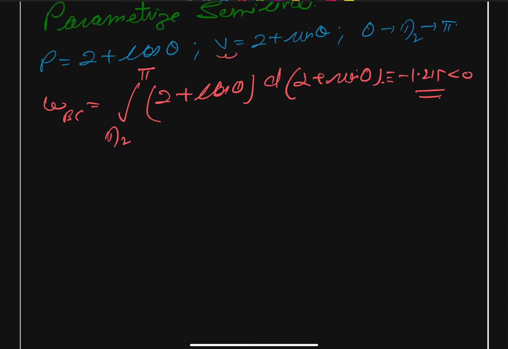Therefore we can say that, let me write the equation, and that equation was our Q_BD is equal to delta U_BD plus W_BD. And we know that this delta U_BD is less than 0, and this W_BD is also less than 0.